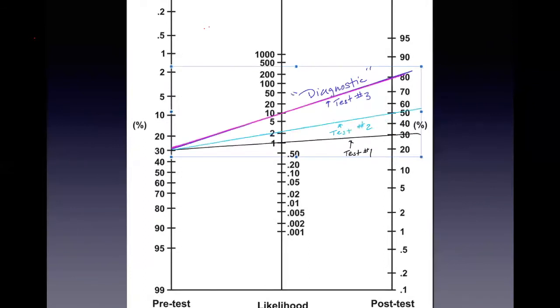Once we get to a likelihood ratio of 10, that's kind of a rule of thumb of where we begin to say that things are approaching a diagnostic level of testing capability. So this person, who we assumed may have a 30% chance of having disease, you can see here in the end, it increases the likelihood to 80%, right?